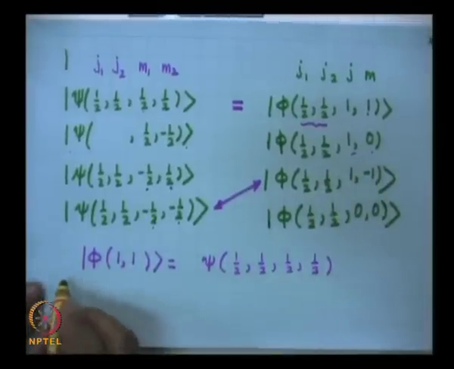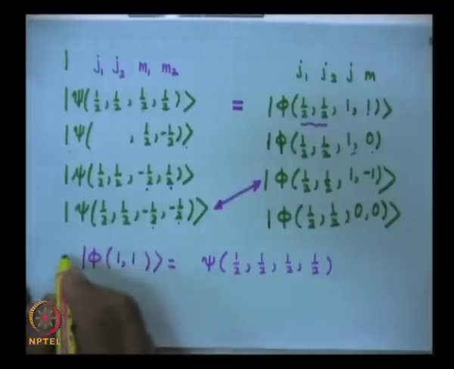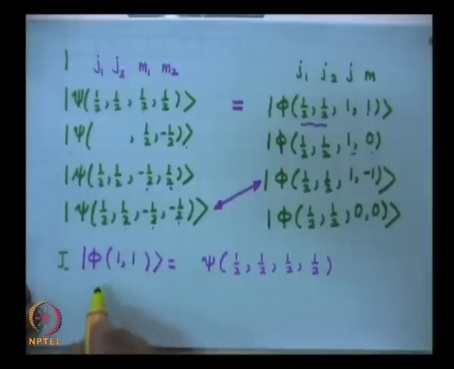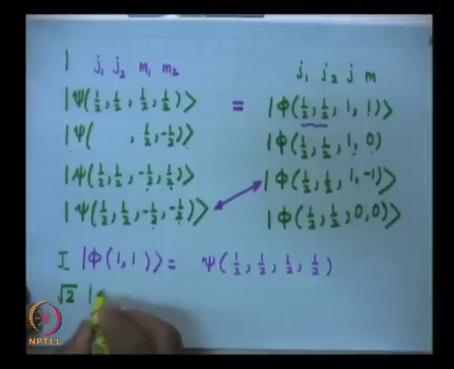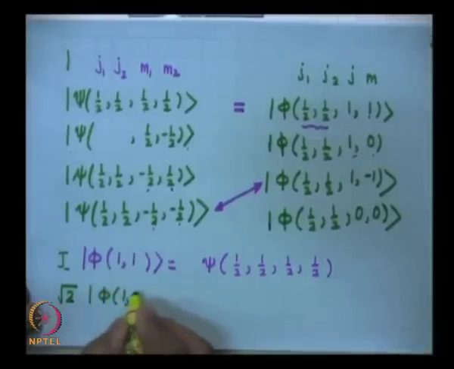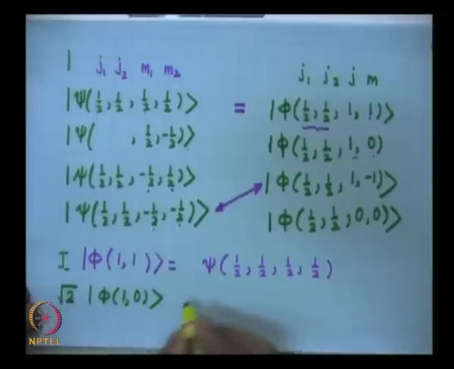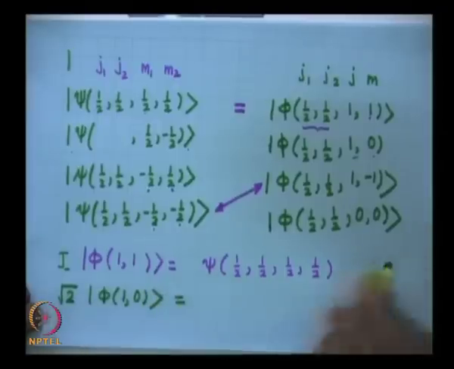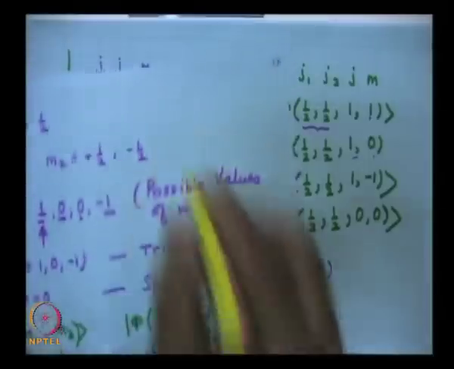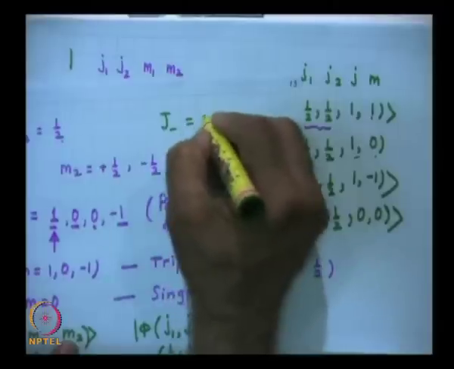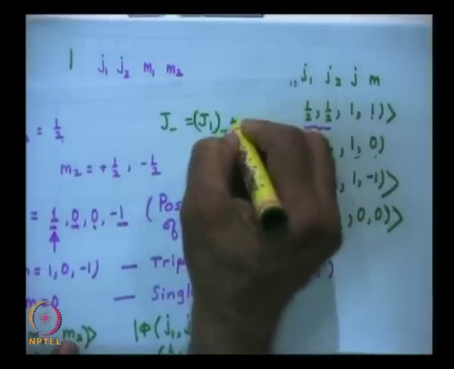So, what I do is operate this by j minus. So, j minus will be under root of j plus m. So, j plus m will be under root of 2 and j minus m plus 1, that is 1. So, this will be phi 1 comma 0 is equal to j minus operator, will be j 1 minus plus j 2 minus.